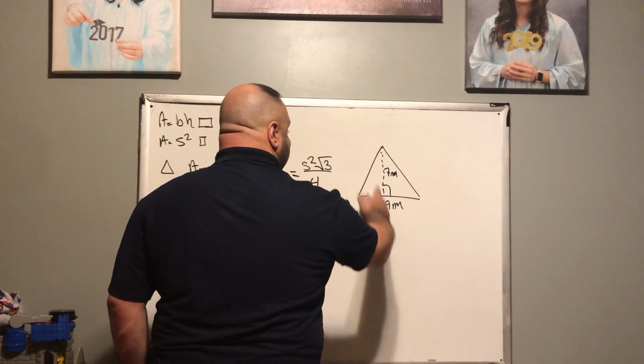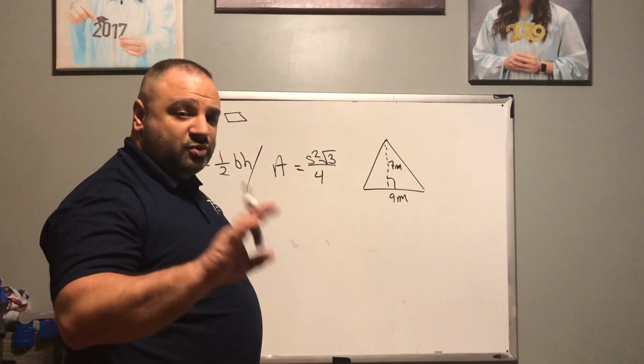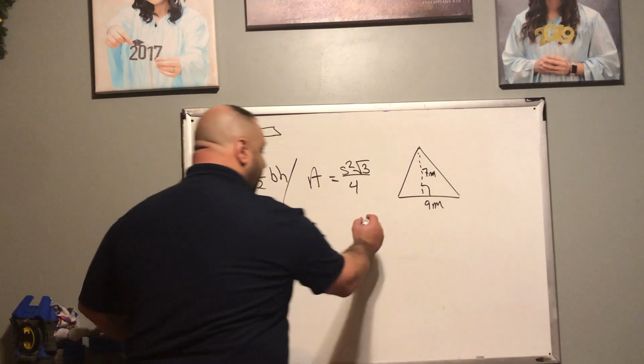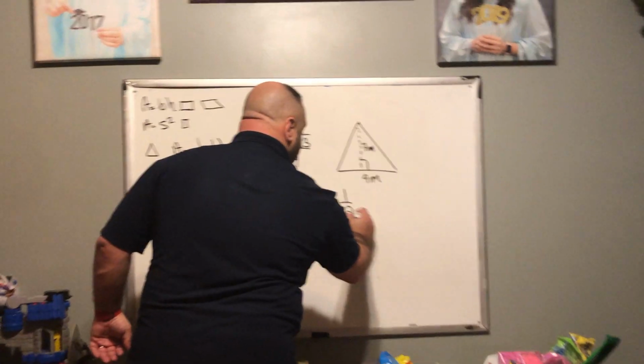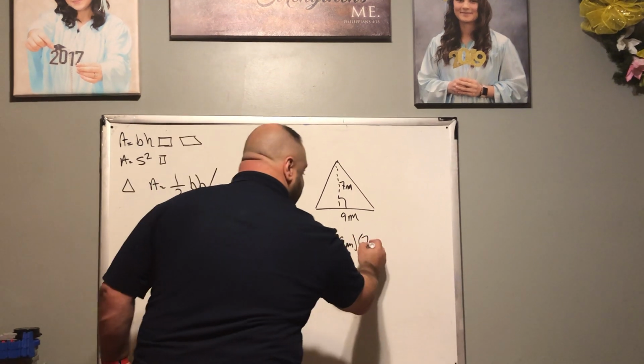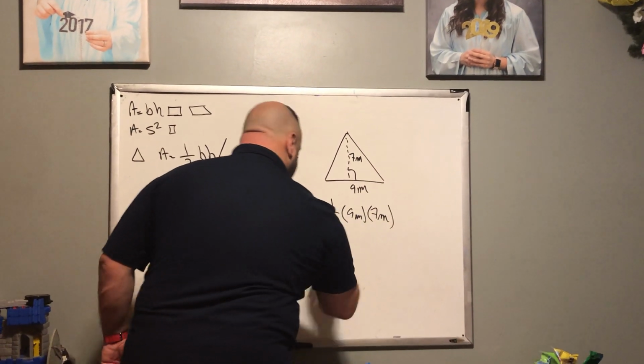Now, we're not saying that this is an equilateral triangle, so we're just going to simply go area equals 1/2 times the base, which is 9 meters, and the height, which is 7 meters.